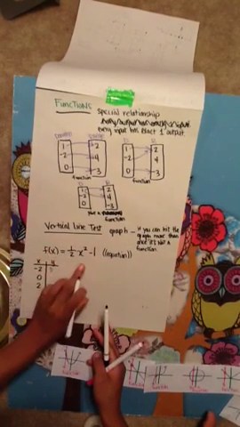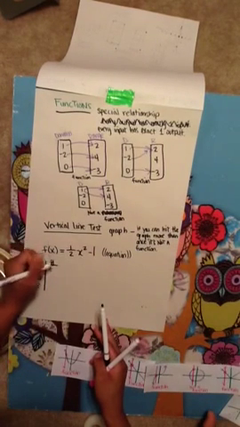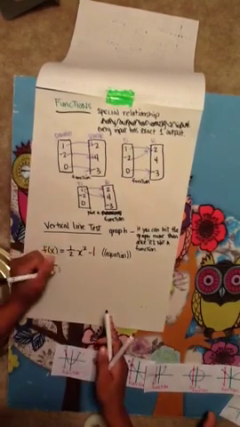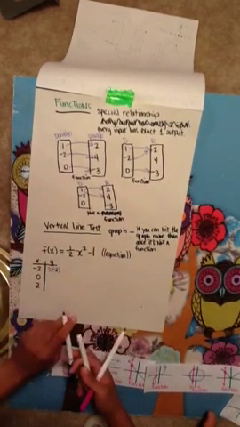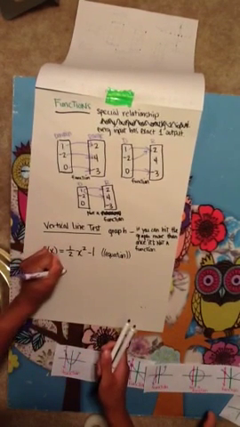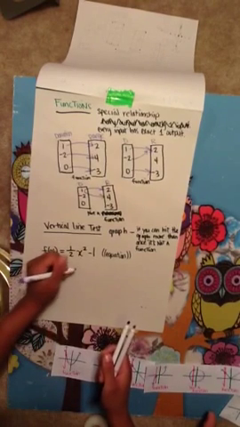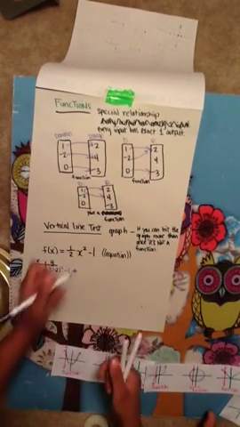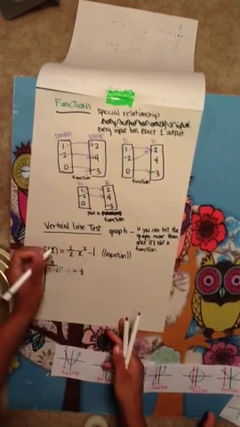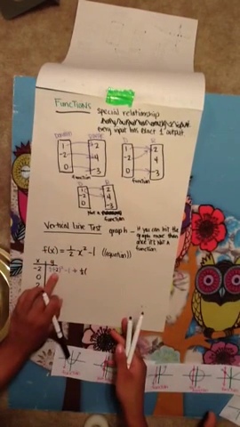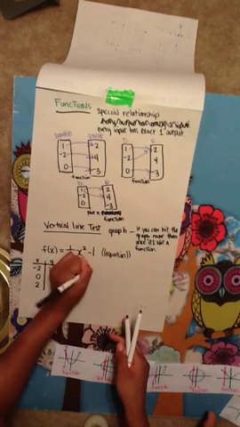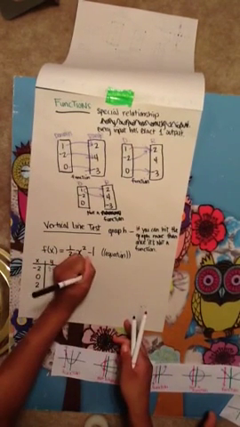I want to replace my x with whatever values here. So 1/2, -2, I'm squaring it, and subtract 1. So I get 1/2, -2 squared is -2 times -2, which is +4, minus 1.